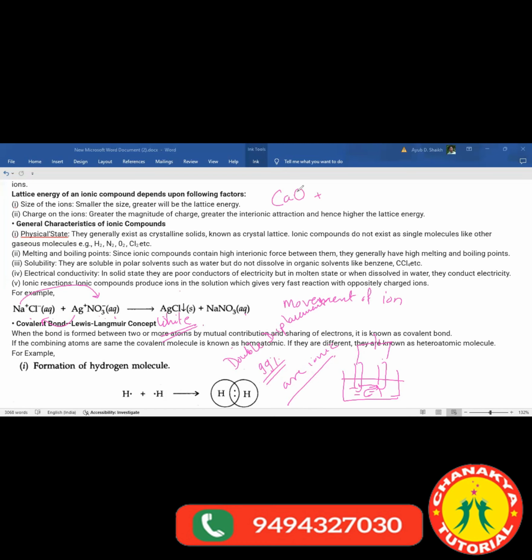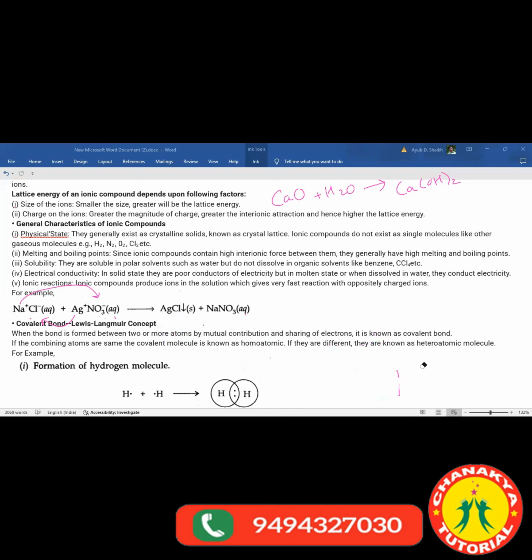It will convert into what? Calcium hydroxide plus heat. Calcium hydroxide, Ca(OH)2, right? And when this Ca(OH)2, wait a minute. When this calcium hydroxide is blown with carbon dioxide, it will convert into calcium carbonate.